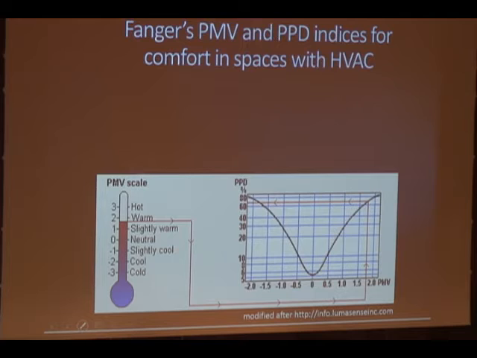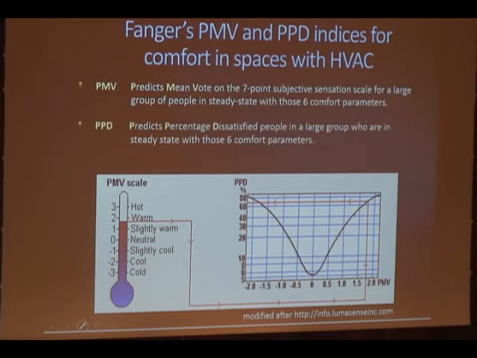And so PPD tells us what percentage of that normal distribution is sitting in the tails, in the extremes of the normal curve, outside the central 3 votes on the 7-point scale. And as you can see in this graph here, the PPD, the percentage of the population, rather the sample, hanging outside of the central 3 votes, is increasing as PMV shifts away from 0.